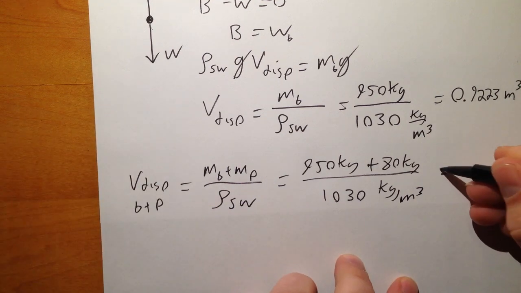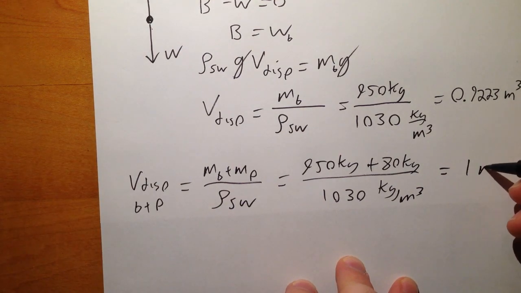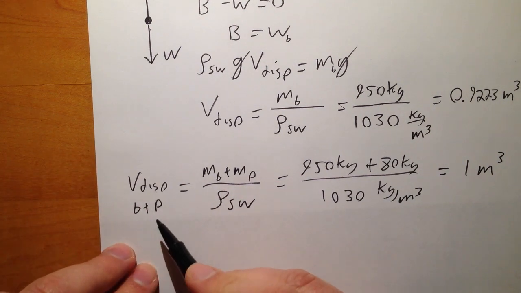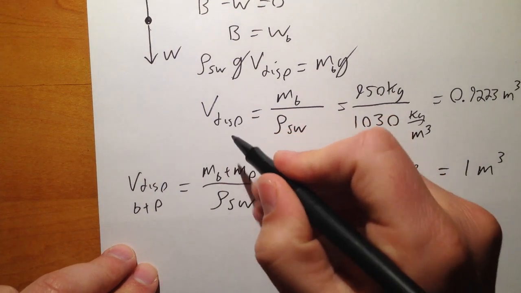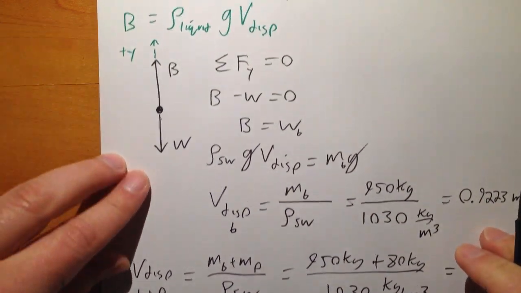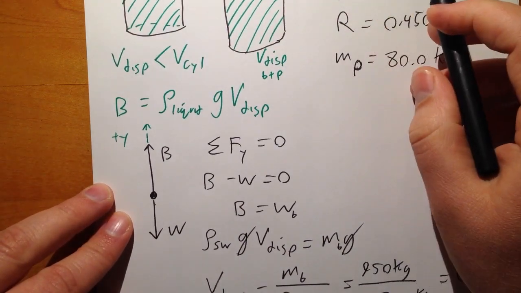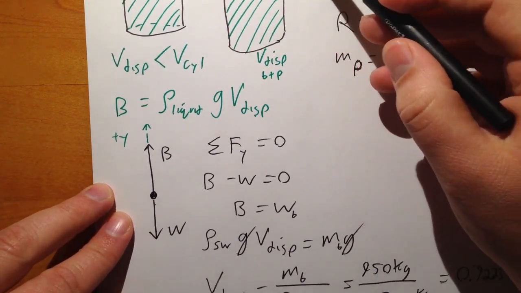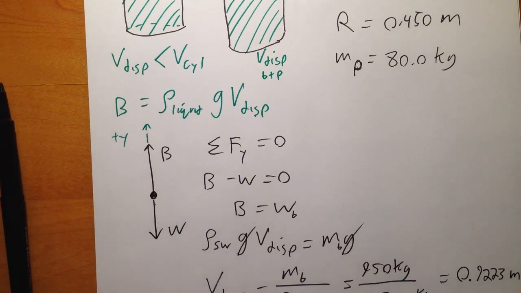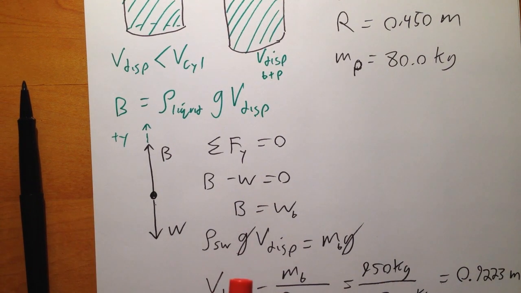When you do that, you get a nice even 1 cubic meter of water that has been displaced. This is the volume displaced by the buoy and the person. This is the volume displaced by just the buoy. The question is asking how much additional distance the buoy will sink when an 80 kilogram man stands on top of it. So the question is asking us to figure out, let's see.